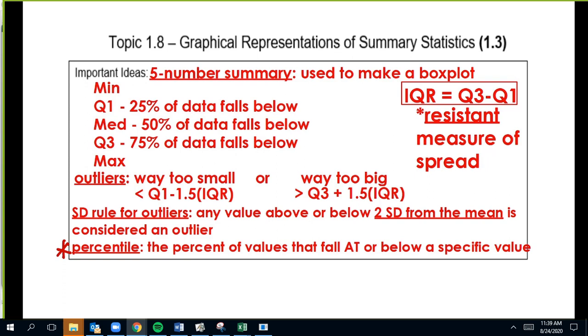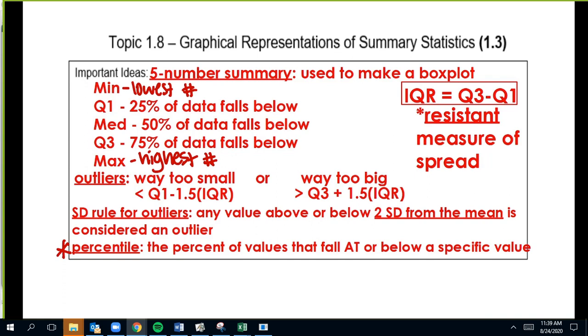Just write these percentages down. We have the min is the lowest number, or the max is the highest number, and everything else was explained. Remember that the IQR is resistant because it ignores any potential outliers that are on the high or the low end by looking at only the quartiles.